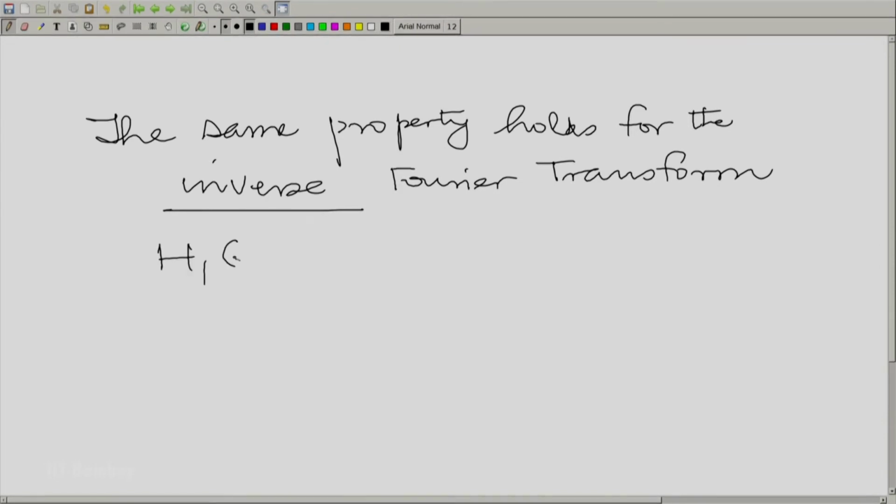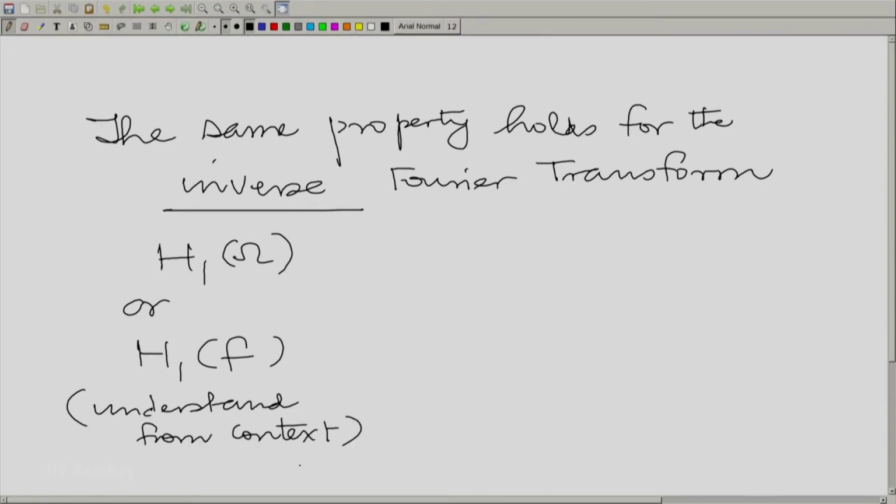So, if I write capital H1(omega) or capital H1(f), understand from the context. I must make this little remark here. You see, we often would talk of angular frequency and equally often talk of cycles per second frequency, and from the context it will be quite clear whether we are talking about angular frequency or cycles per second, or you might call it Hertz frequency.